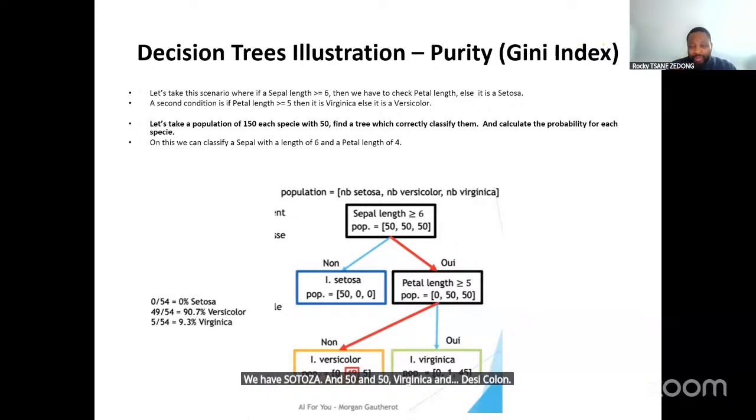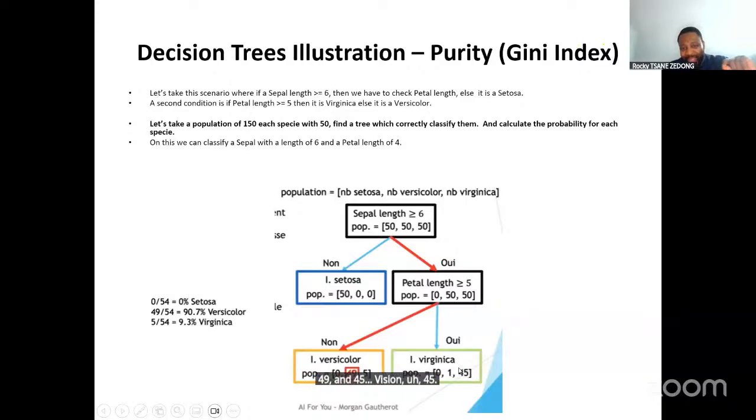If we take an example of a repetition of our data set, we have one virginica and five versicolor. So it remains here 49 and 45, 45.